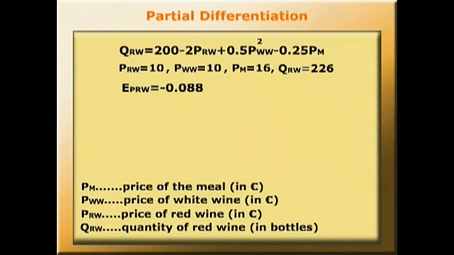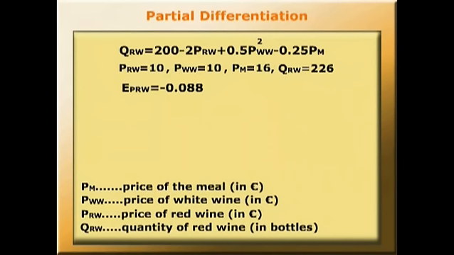To find the cross elasticity in this case, we partially differentiate our function with respect to the price of white wine. Again, ceteris paribus. So let's go back to our original equation. QRW equals 200 minus 2PRW plus 0.5 PWW squared minus 0.25 PM.